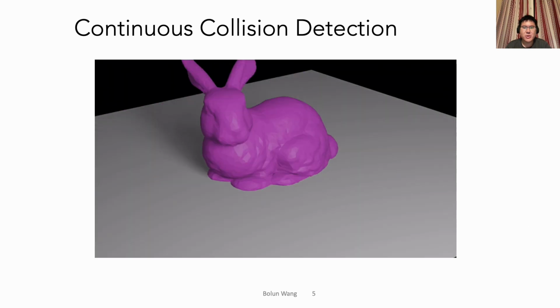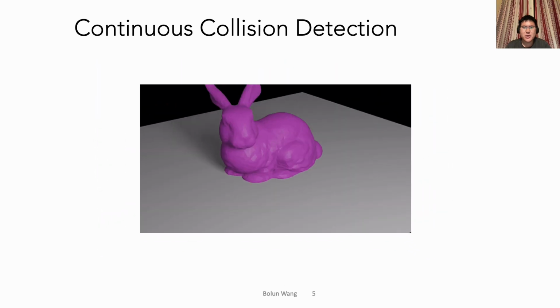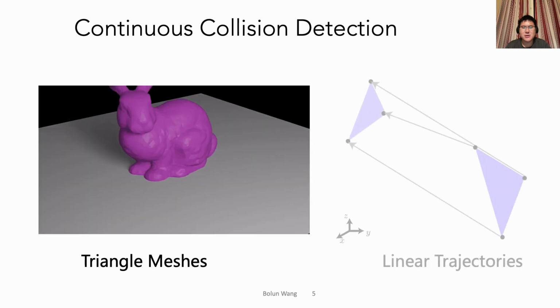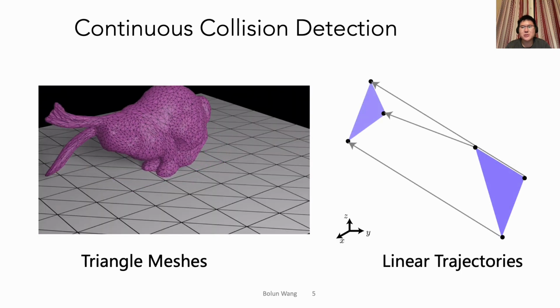To simplify the problem, people usually use two steps of linearization. First, triangle meshes are used to represent models. Second, assume the vertices of the triangles move along linear trajectories within a time step.